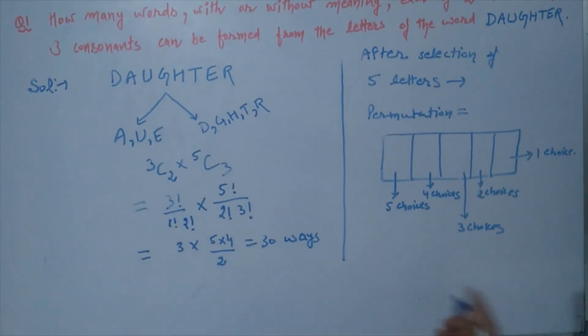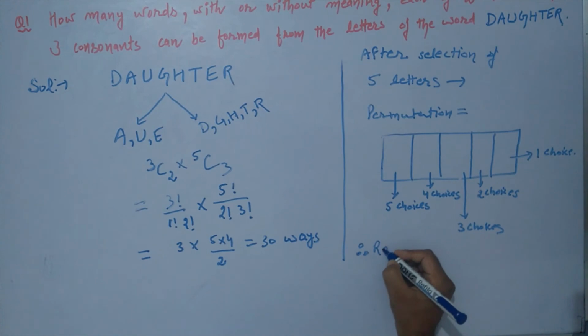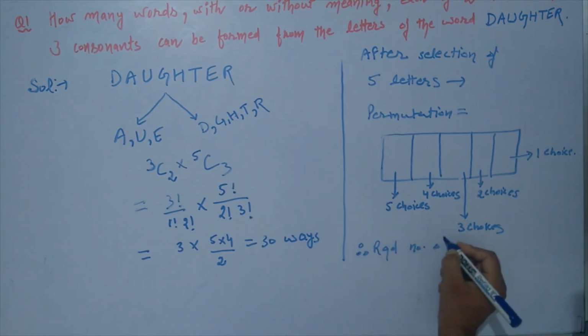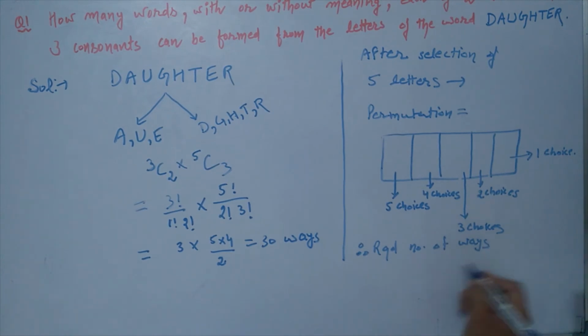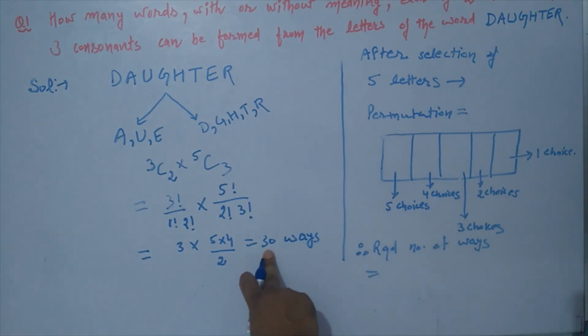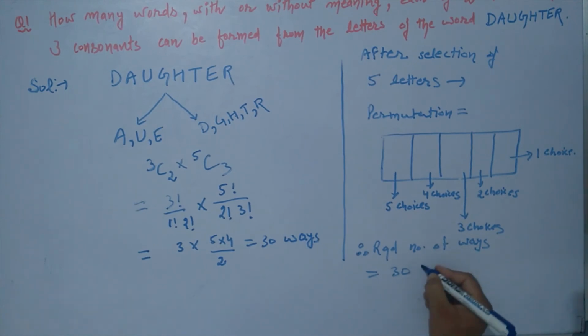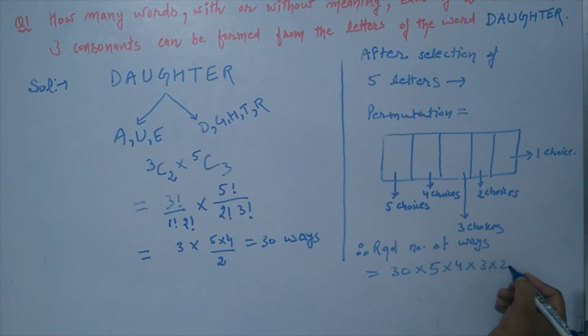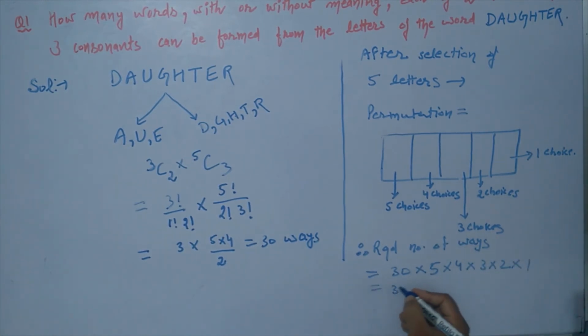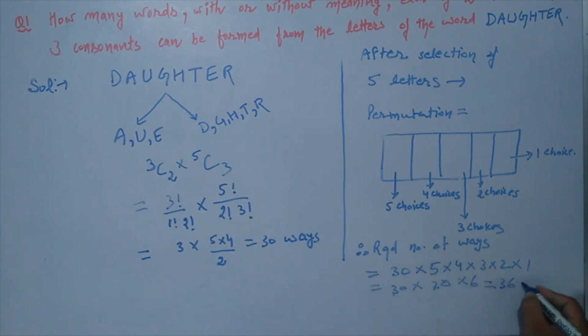Therefore, finally required number of ways is equal to, multiplying this 30, first of all 30 into 5 into 4 into 3 into 2 into 1, 30 into 5 fours are 20, 3 twos are 6, 6 twos are 12, 12 into 3, 36, 2 zeros, 3600 ways. This is the final answer.